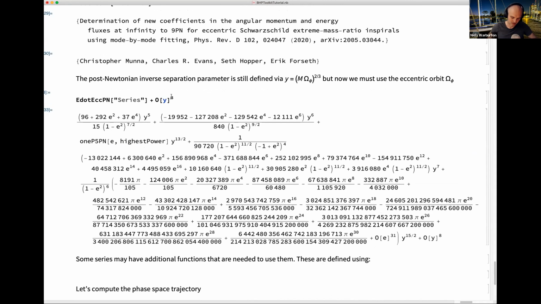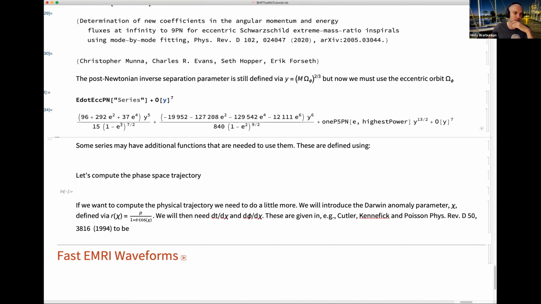As you can see, that's because not only do you have powers of y, and now each power isn't just an integer, also factors of pi. We also have powers of e and e squared, and there are some singular factors here as well, singular when e goes to 1. But that's fine. You'll also notice there are some other slightly funny series in here. We'll have to deal with those in a moment.